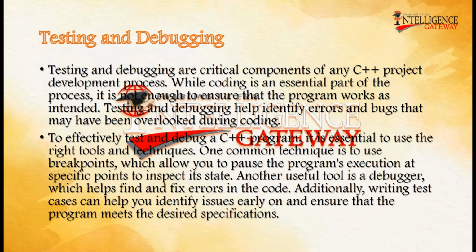One common technique is to use breakpoints, which allow you to pause the program's execution at specific points to inspect its state. Another useful tool is a debugger, which helps find and fix errors in the code. Additionally, writing test cases can help you identify issues early on and ensure that the program meets the desired specifications.